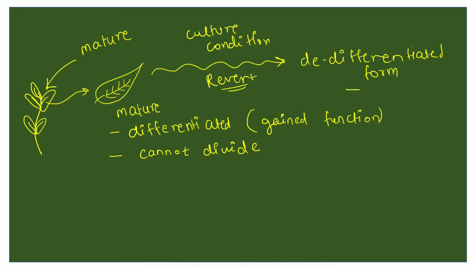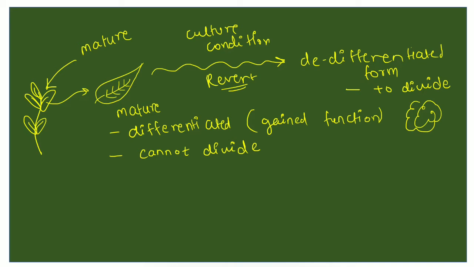The de-differentiated form is the opposite of the differentiated form, meaning here the cells have the ability to divide. These cells have no function, and they can divide rapidly in the presence of certain phytohormones. After division and rapid proliferation, they generally form a mass of cells.